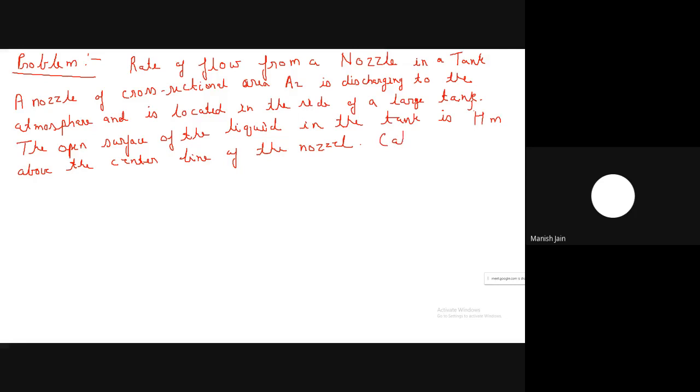Now what you have to calculate? Calculate the velocity v2 and volumetric flow rate of discharge if no friction losses are assumed.